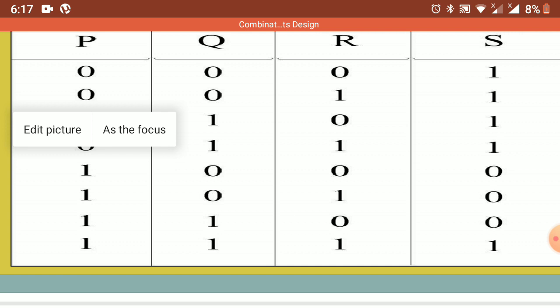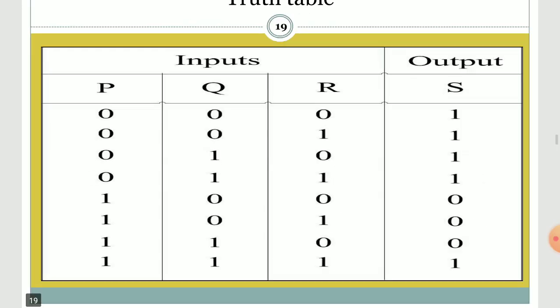The value of P equal to 0 represents there is no paper in the paper feeder tray. That's why S will be 1. And in minterms 3 and 7, the input combinations 0, 1, 1 and 1, 1, 1 represent that there is a paper jam. That's why output is 1. So we will get output 1 for the minterms 0, 1, 2, 3 and 7.